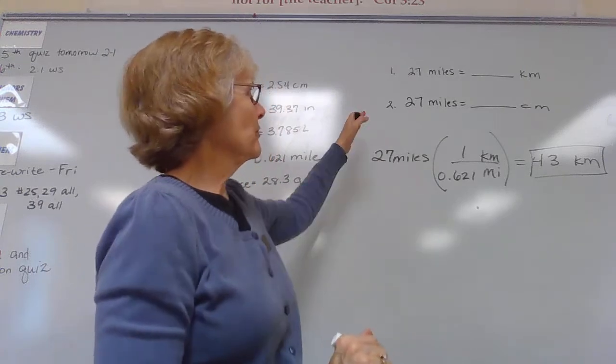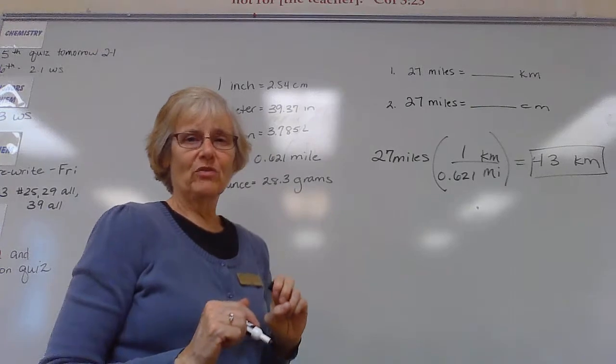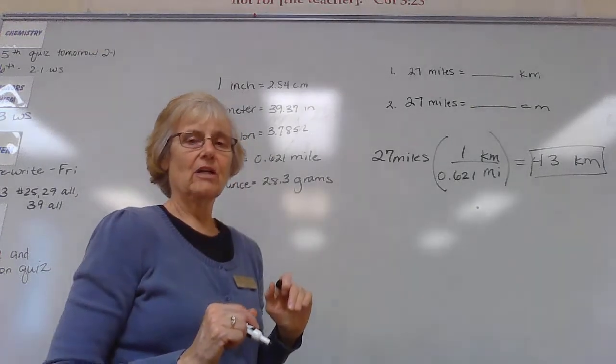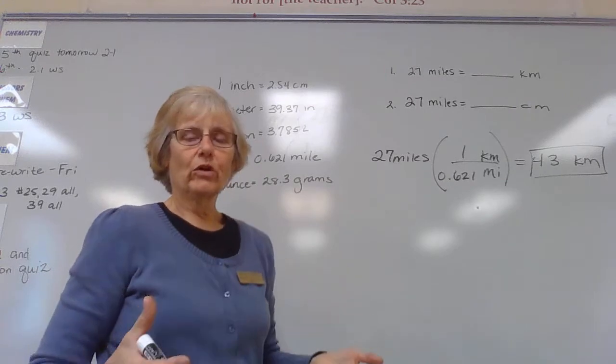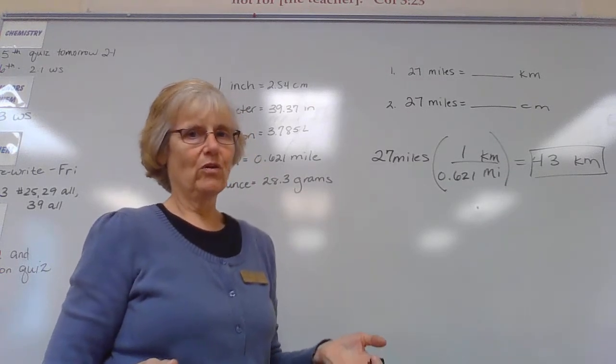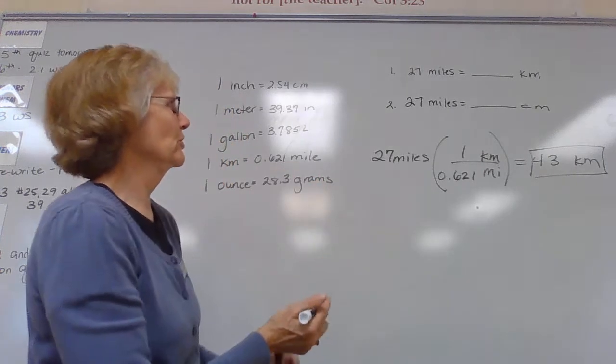All right, the next problem that I gave you, in my short list of conversion factors, I don't have something that goes directly from miles to centimeters. And I know that there are more conversion factors that you could get, and you can feel free to get more conversion factors when you're doing your homework, but I need you to see a problem that requires 2 steps, so that's what we're doing here.